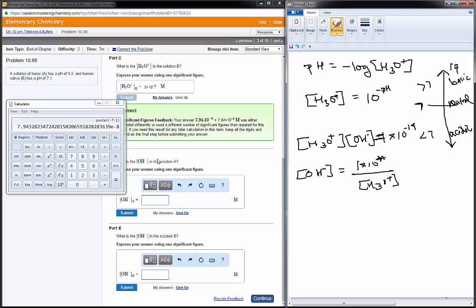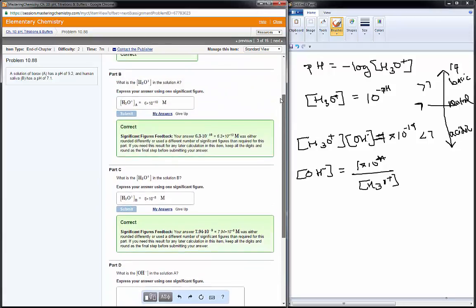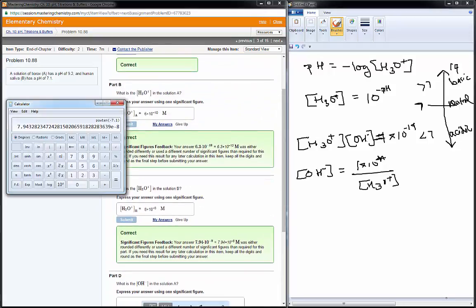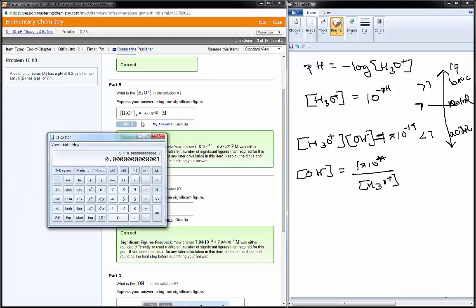So the hydroxide concentration of solution A, if this is my H3O plus, then what I need is 1 times 10 to the negative 14th divided by my H3O plus concentration, which is 6 times 10 to the negative 10.